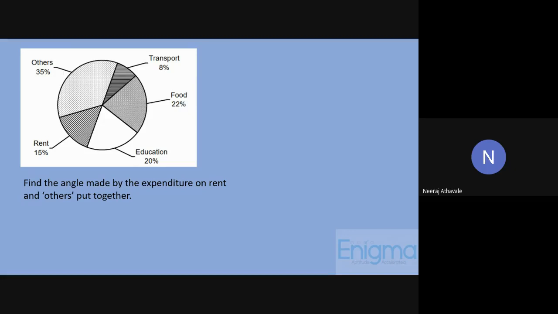It would be 180 degrees. Now, how to do it is very simple. Okay, expenditure on rent. Rent का कौन सा है? 15% and others 35%. So basically that becomes addition 50%. So 50% of the total angle, that is 360, we get it as 180. Okay, so in this way you can solve it.